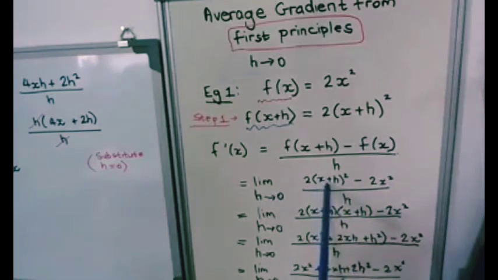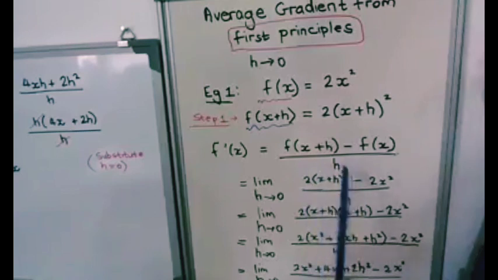Now the x plus h is being squared, so rather expand the brackets and do FOIL, because I see a lot of mistakes coming. So I've got 2 bracket x plus h minus 2x squared over h, equals limit as h tends to 0.